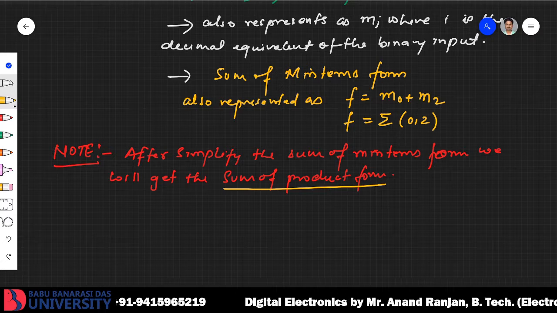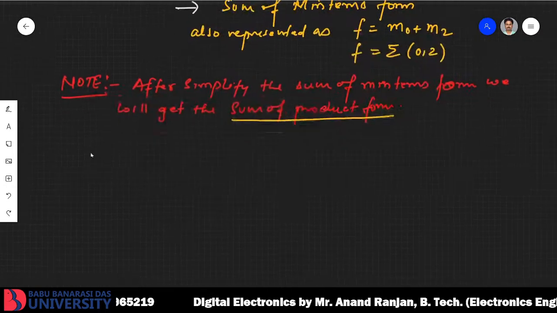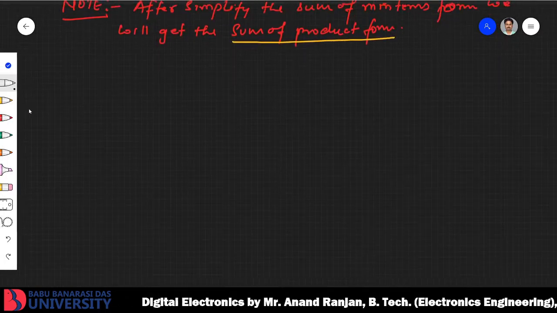So let us now talk about the approach for maxterm.